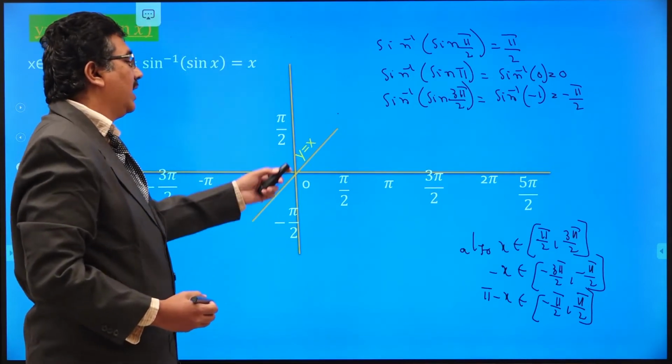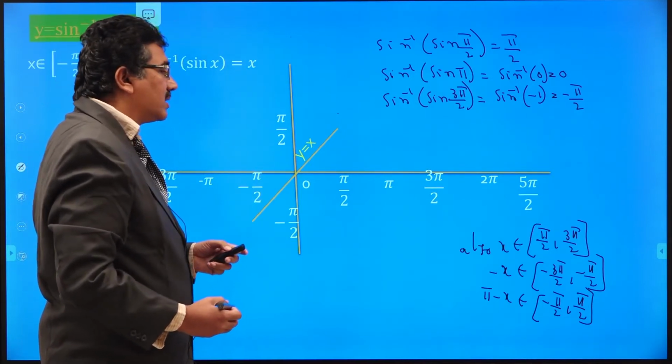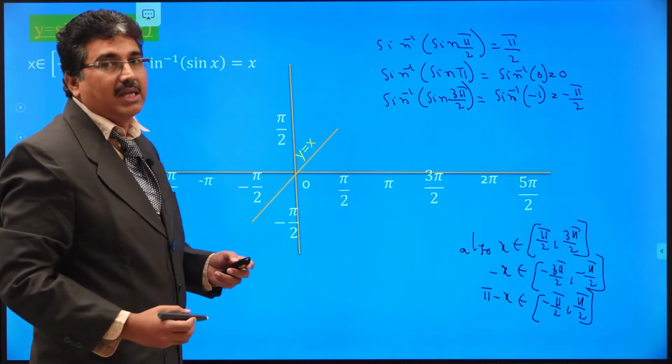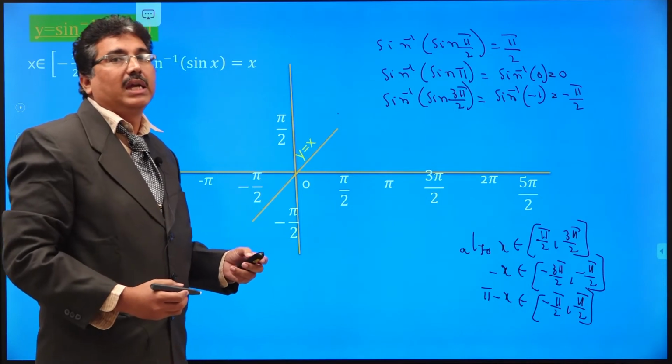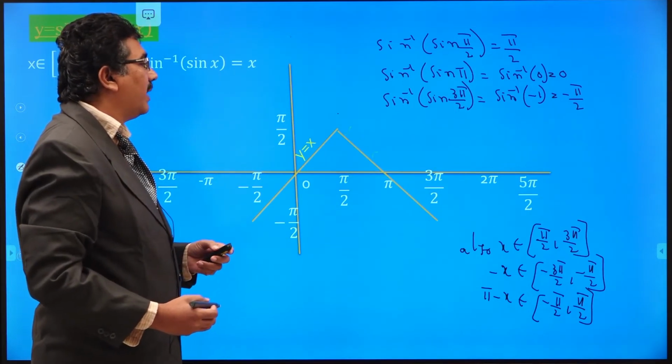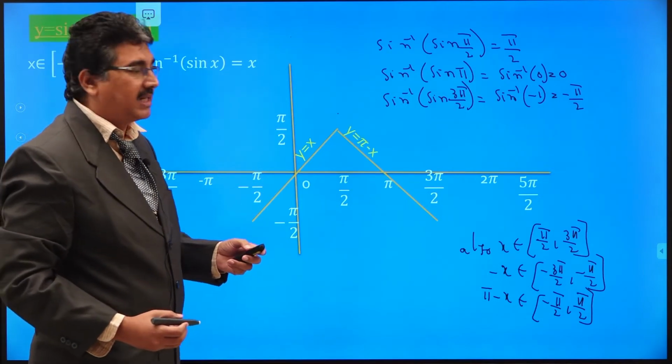In the closed interval pi by 2 comma 3 pi by 2, the graph is also a straight line, that is y is equal to pi minus x.